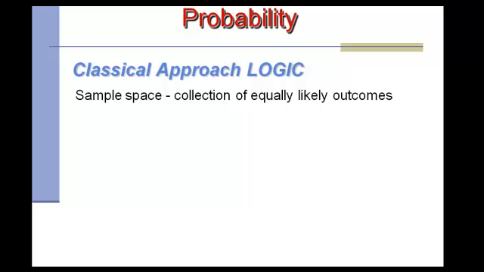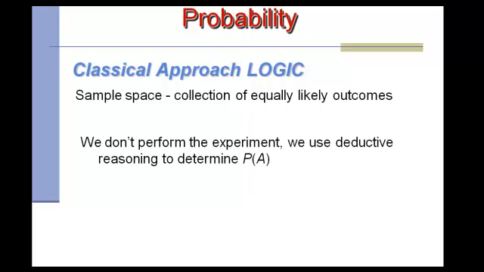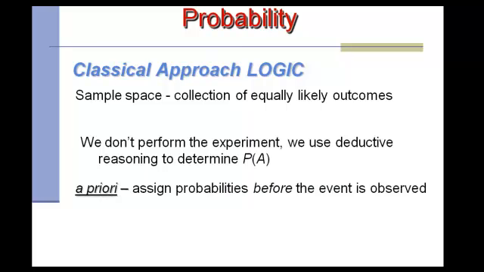Now, there are certain bases for probability. One of those bases or approaches that we use is something called the classical approach, which is based on logic. And basically, when we're talking about the classical approach, we're talking about equally likely outcomes. We don't perform the experiment, but we rely on our deductive reasoning to determine probability.